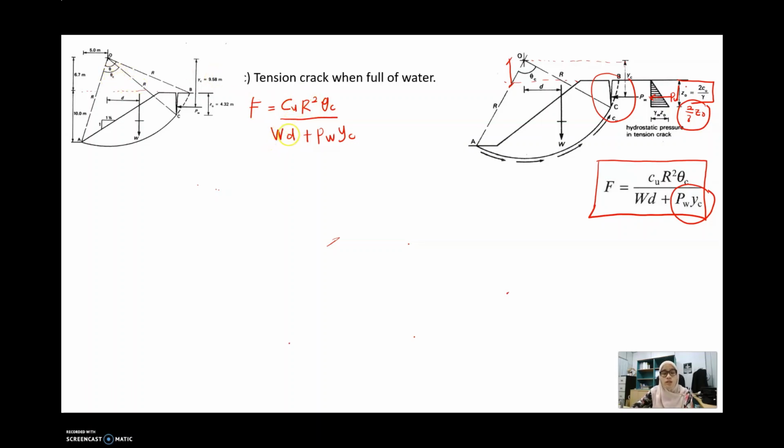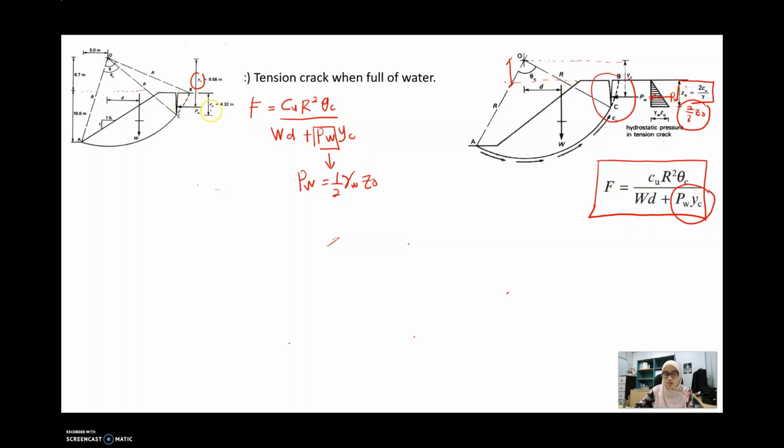WD, you are using the same value from the condition B. The YC is given here, but the unknown value is PW. How do you determine the PW? PW should be half gamma water Z0. Why are you referring to Z0? Because this PW is referring to the water pressure here. That's why we just focus on Z0.